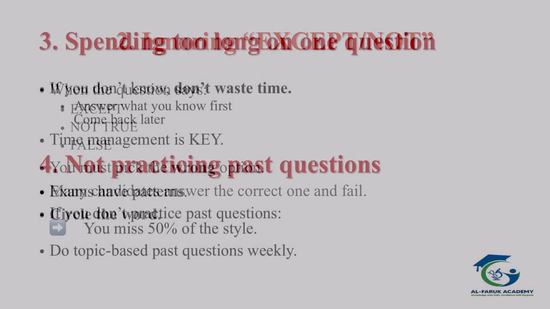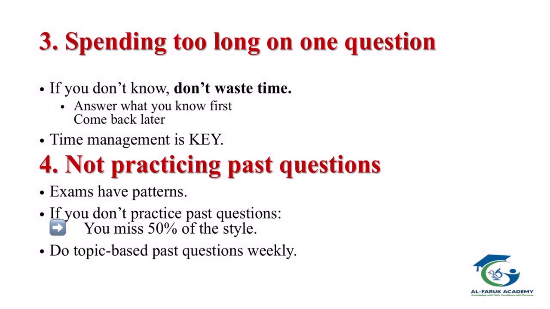Number 3 is spending too long on one question. Some of the students spend much time on one question. You have only 2.5 hours in written paper 2, that is the theory exam, and you may find some colleagues spend more than 1 hour on one question. You have 5 disciplines, and in each discipline you have 4 questions.